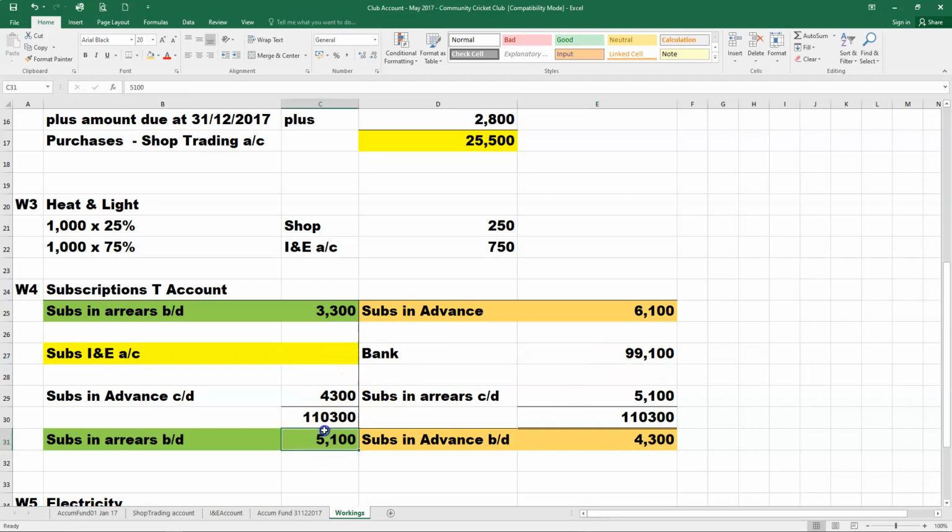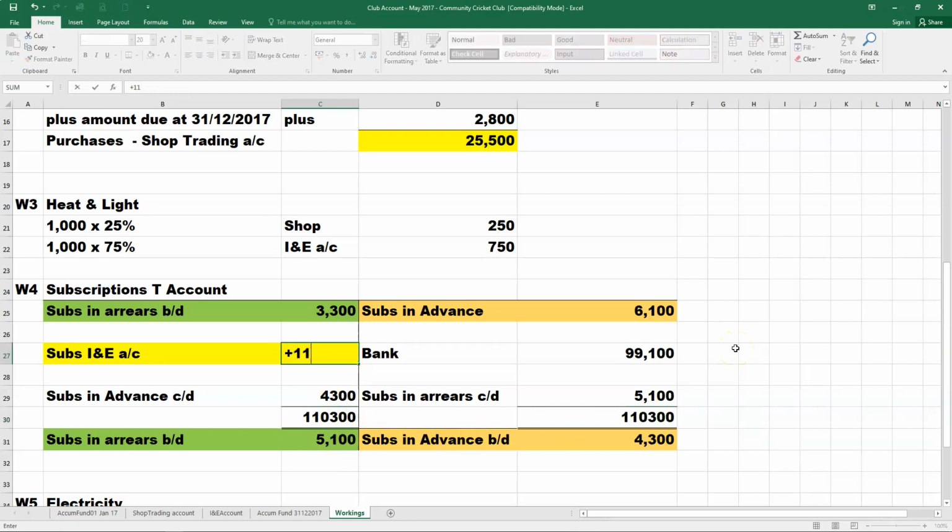Then I need to get my account to balance off. I've taken my credit side and added it up, and I got 110,300. So I need to make it balance with 110,300 over here.